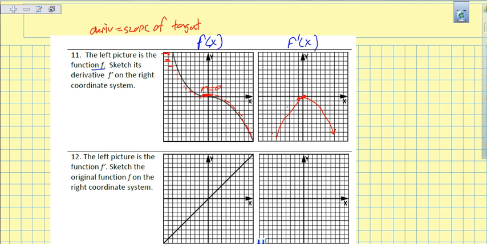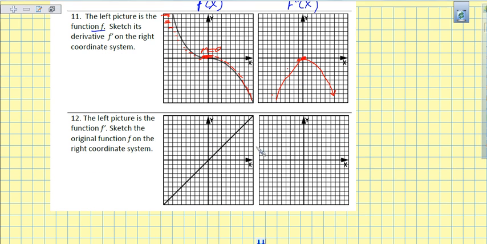And on number 12, before we just jump right into it, let's label it. The left picture is the derivative. So they've given us the derivative, and they want us to come up with a possible function. So just remember that there's more than one answer that's correct, but the shape is what has to be the same.